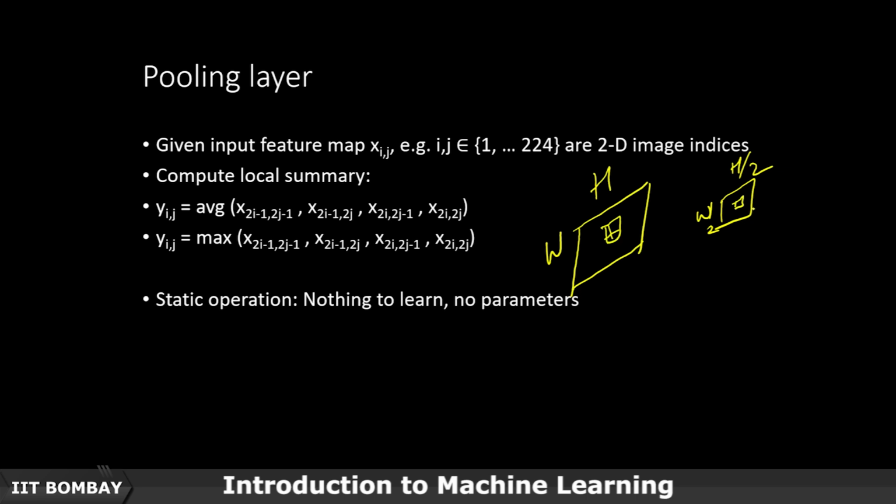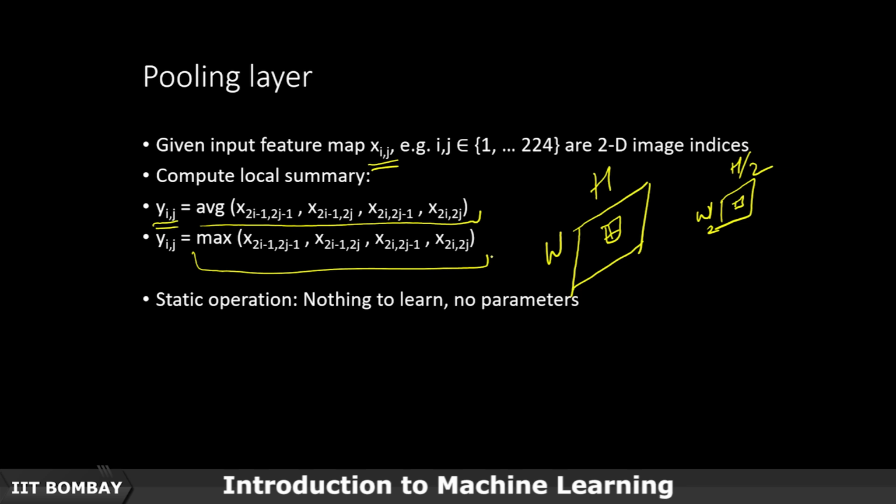That is called average pooling or max pooling. So the math would look like this: you have x_ij, where i, j run from, let's say, 1 to 224, and we have y_ij, which is nothing but the average of a small 2 by 2 neighborhood or the max of a 2 by 2 neighborhood. There is nothing to learn, there are no parameters, it is just a fixed layer. It just tries to reduce the size of the feature map.